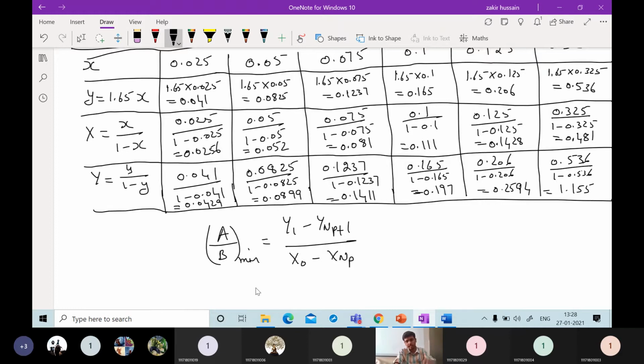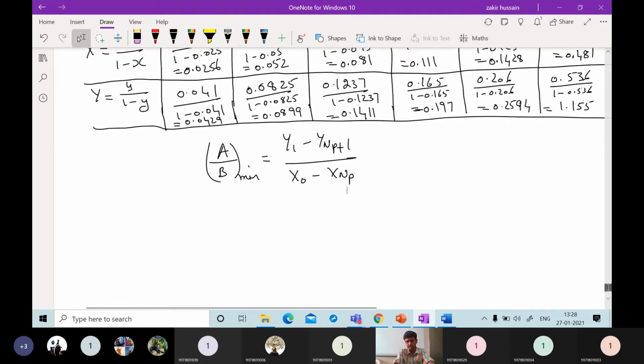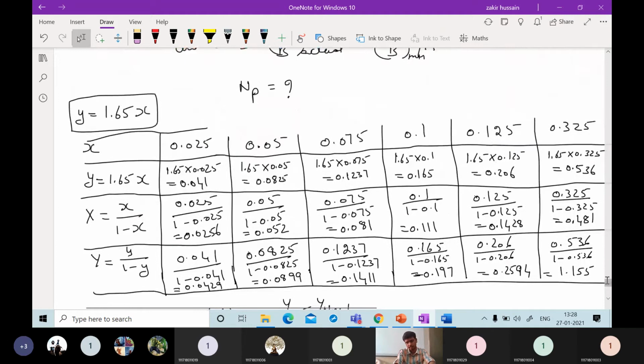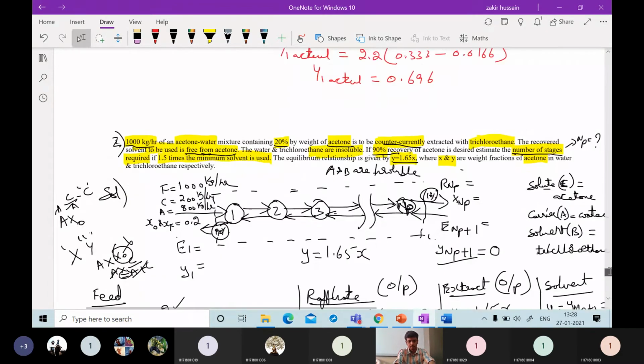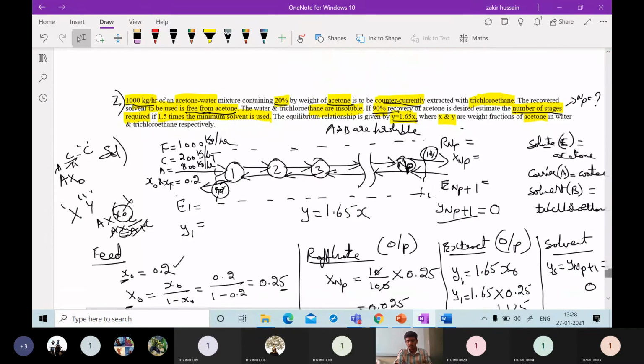A is 800, x naught is 0.25, and y1 we don't know.